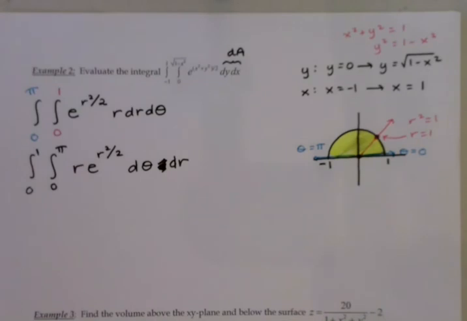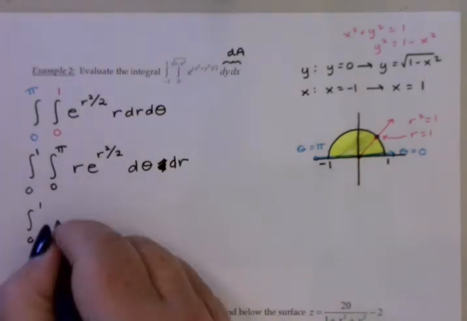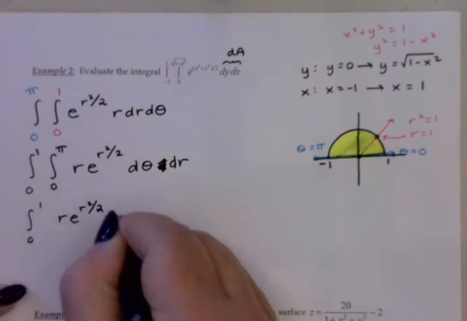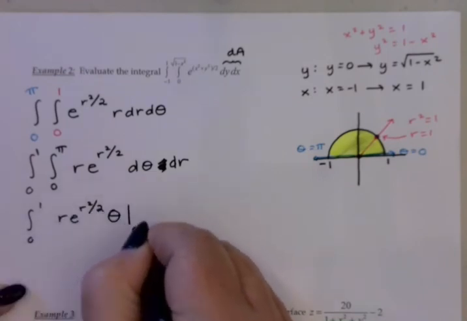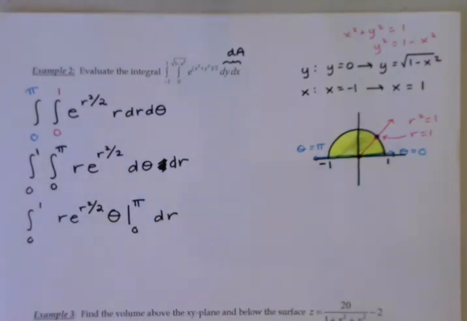All right, this is really nice because integrating a constant, I just get that constant times theta as theta goes from 0 to pi.